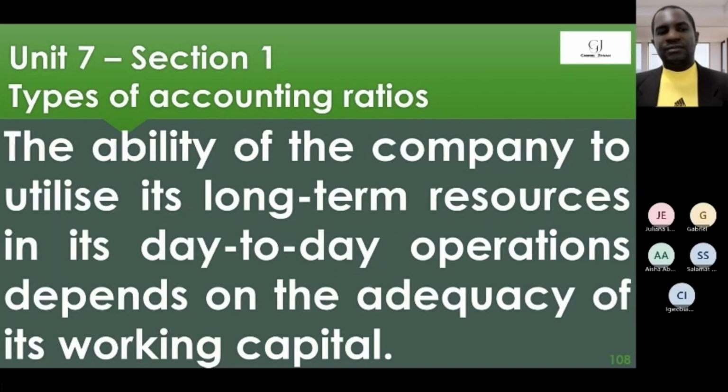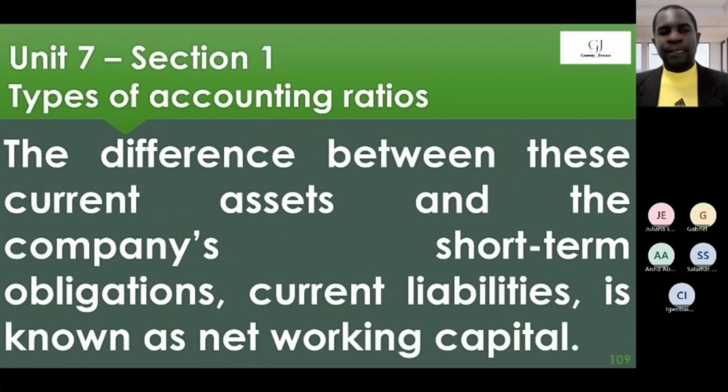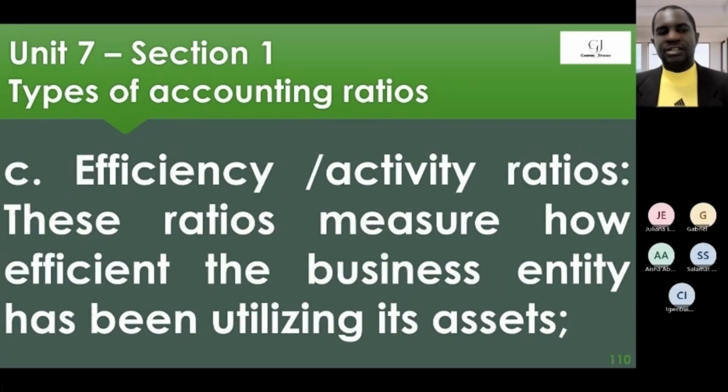So the ability of the company to utilize long-term resources in its day-to-day operations determines its working capital. Your current assets minus your current liabilities is a factor to determine if the company is solvent in the short run. The difference between the current assets and the current liabilities is what working capital is called.